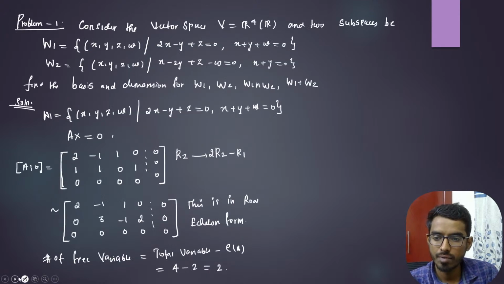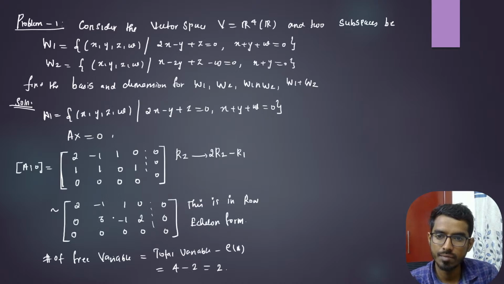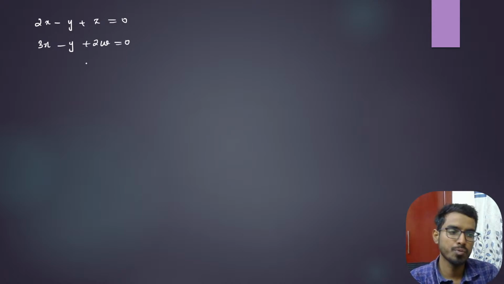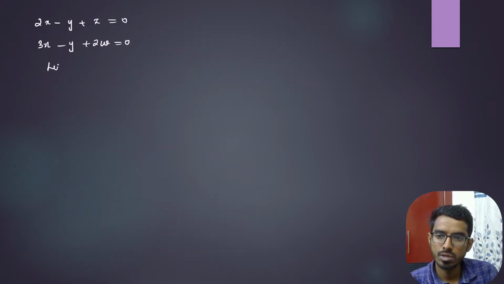So we have the equations 2x minus y plus z equal to 0, and then 3x minus y plus 2w is equal to 0, right? We have two free variables. Let us assume x to be equal to k1, y to be equal to k2.